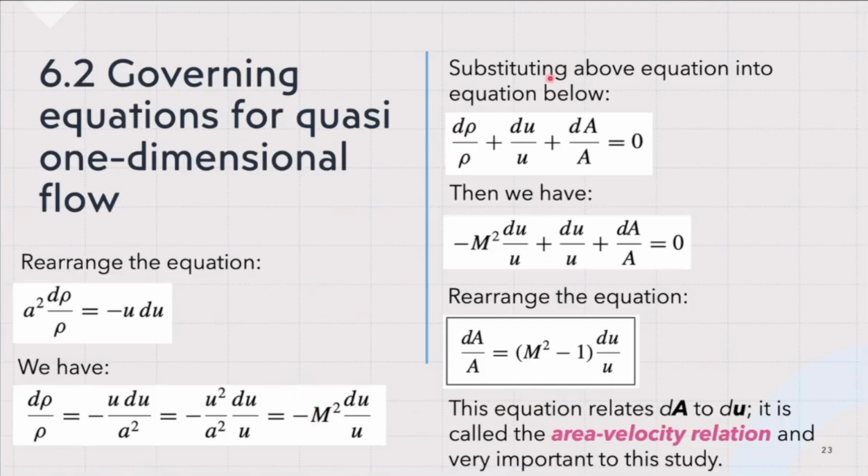Substituting this equation into the earlier equation, we then have this expression where we now have the Mach number. Rearranging this equation, we can now get the small change in the area over the area equal to the Mach number squared minus 1 times the change in velocity over the velocity. So this equation relates the change in area to the change in velocity, which is called the area-velocity relation, and it is very important to this study.